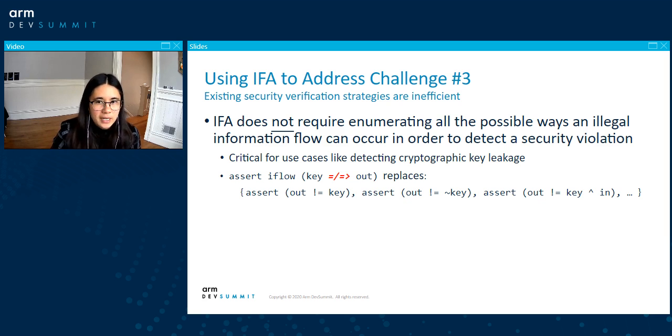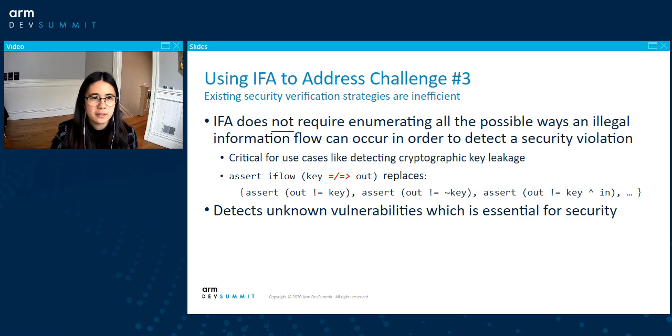It replaces a potentially infinite number of SystemVerilog assertions, because with SystemVerilog assertions, you really only have the values of the signals to work with. So you have to think of all the possible transformations the key can undergo, because even if all the key bits are inverted and then it leaks to the output, that still allows the attacker to recover the key value. So this process of having to enumerate all possible ways that an illegal flow can occur takes a lot of time and effort, and that is avoided if you use information flow analysis.